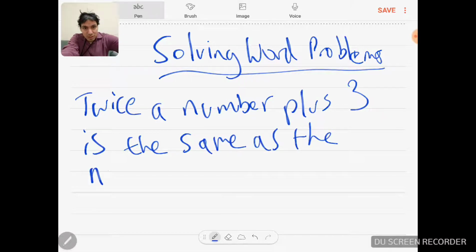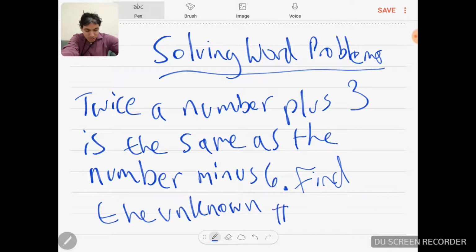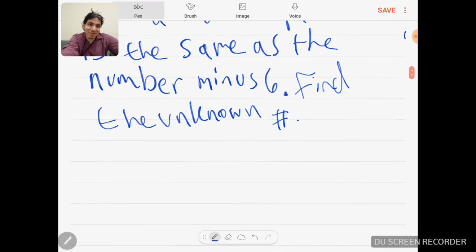All right, let me just add a page already because I know I'm going to write a whole lot.